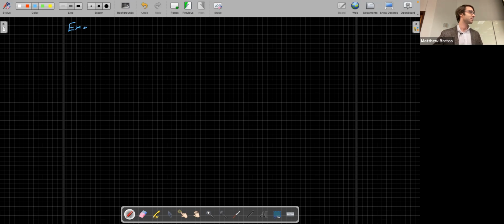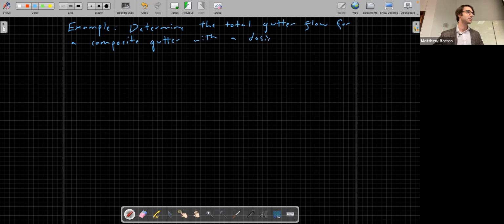I'm going to start this example for you, and then I'm going to let you finish it. So I want you to determine the total gutter flow for a composite gutter with a design spread of T_W equals 8 feet.